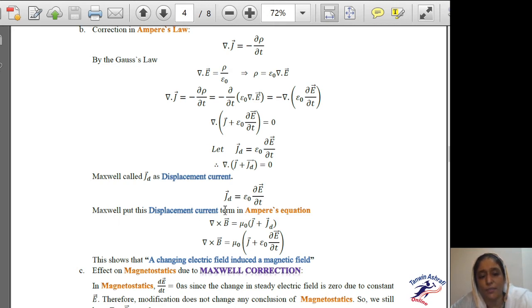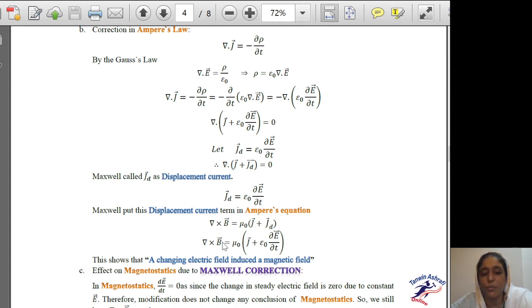Maxwell put this displacement current in Ampere's equation, so del cross B is equal to mu naught times J plus JD, where JD is epsilon naught partial E by partial t. This shows that a changing electric field produces a magnetic field. This is one of the main conclusions.